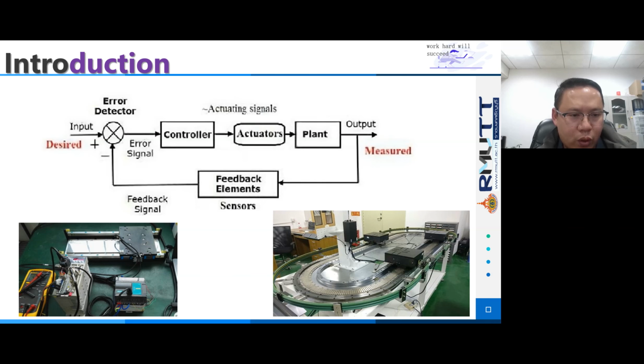velocity or force. Linear systems often include controlling a motor, actuator, or other device to move along a straight line.